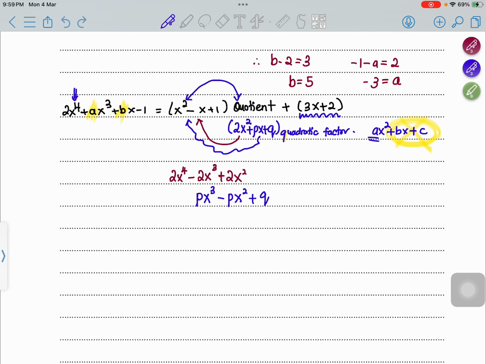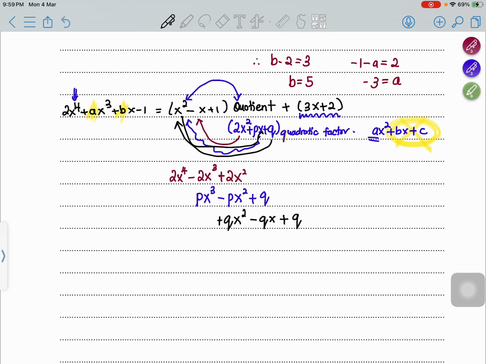Okay, now I will do the last one, which is my q. So I'll take this q and I will multiply with all of this again. I get qx^2. It's a plus. And then I get minus qx. And I get a plus q. I realized that I actually made a mistake in the blue part.